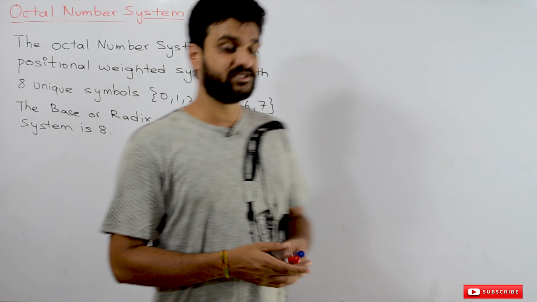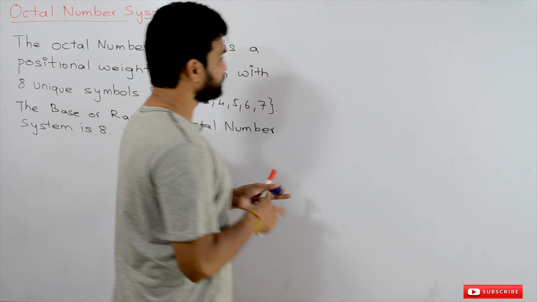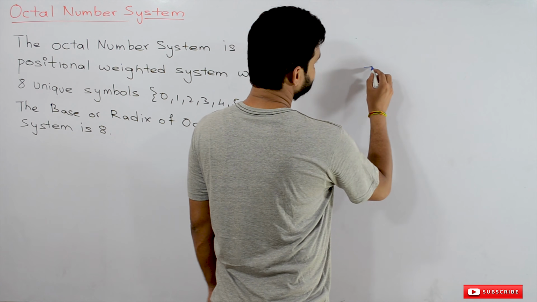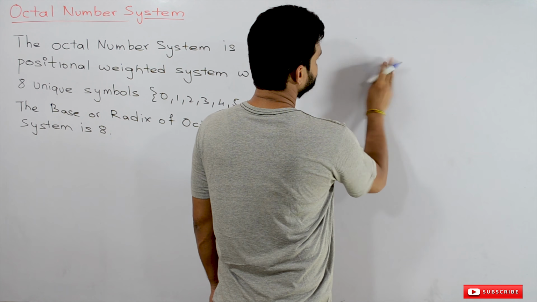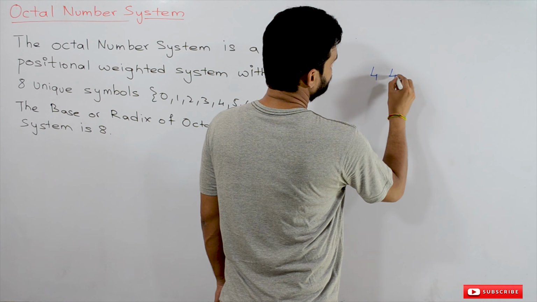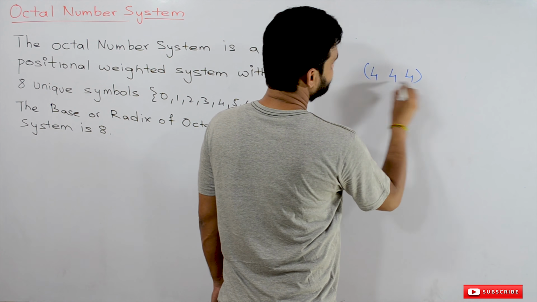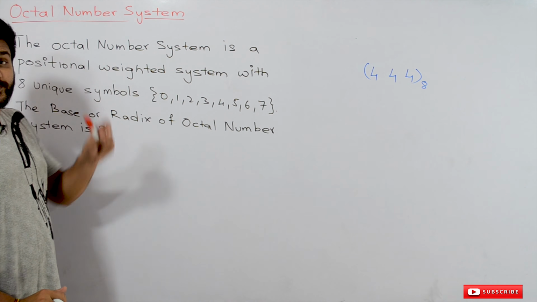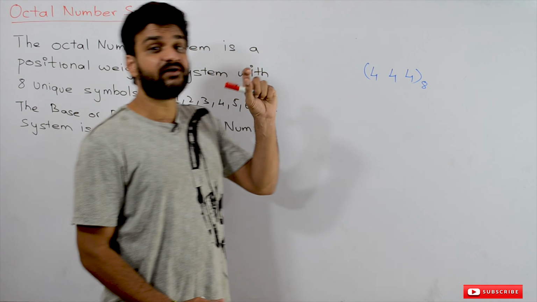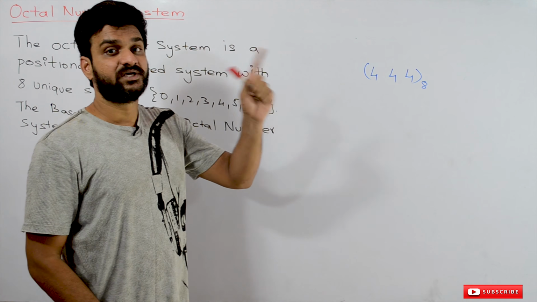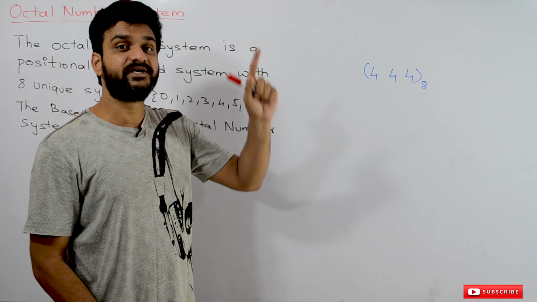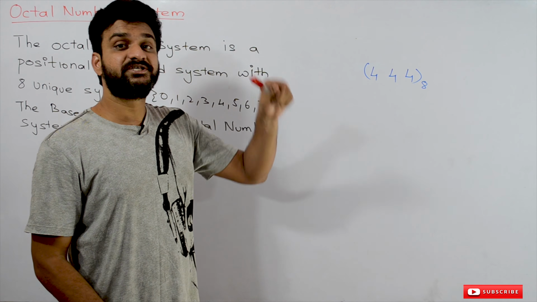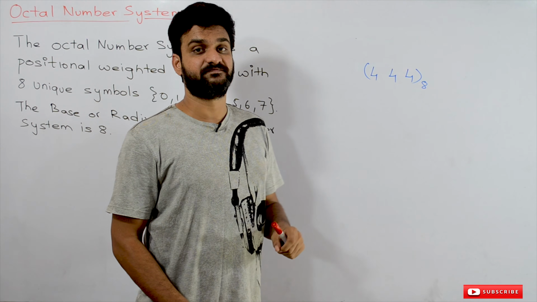What does that mean is, for example, take an octal number. This is an octal number, right? If you take any octal number, the weight or value of a digit in the number is based upon its position.